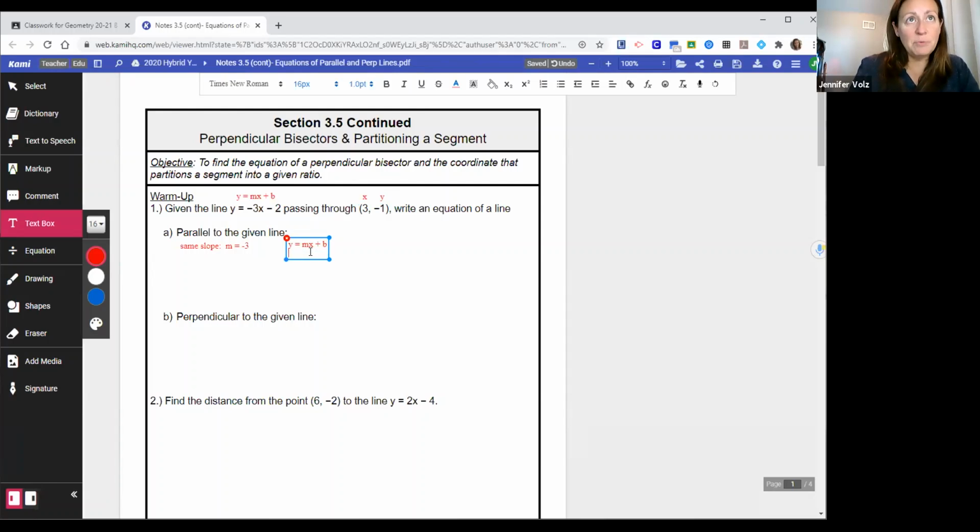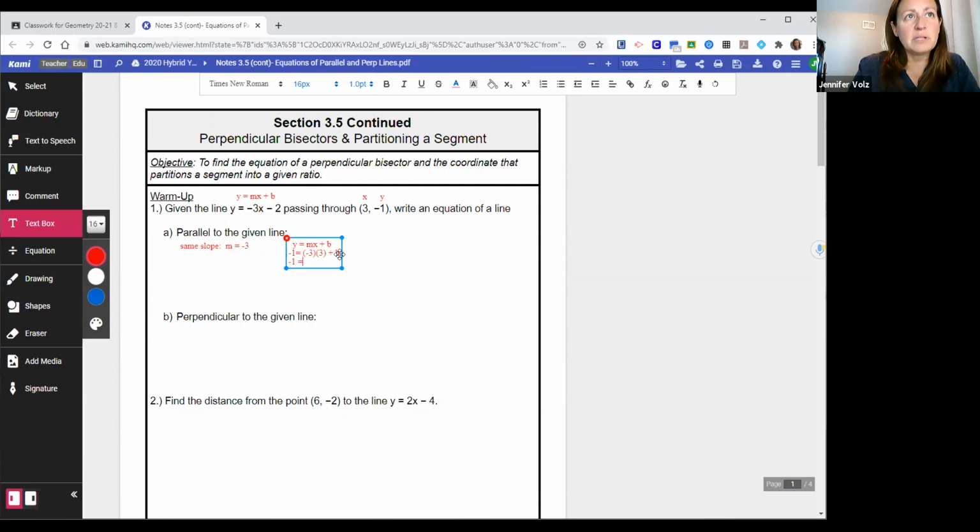We have for y -1, and then for m, we're going to use -3 to make it parallel. Then we're going to put the value of x, which I just labeled above as 3, and then plus b. And what this does, it makes b the only thing still unknown, and we can now solve for b.